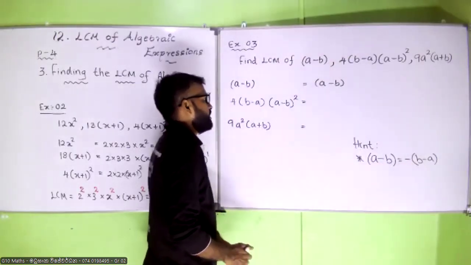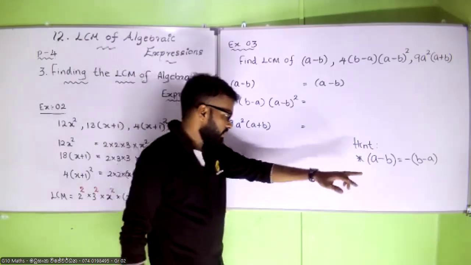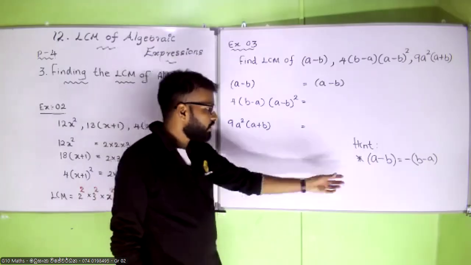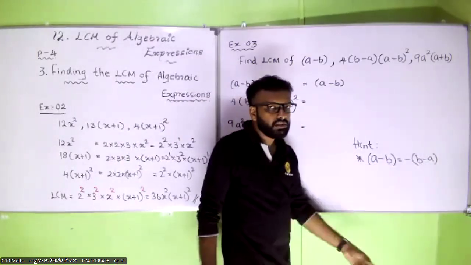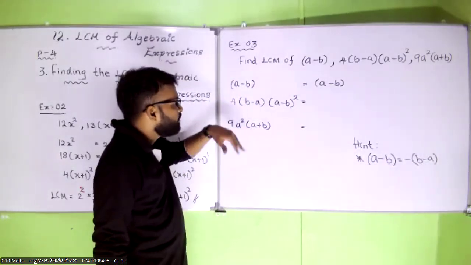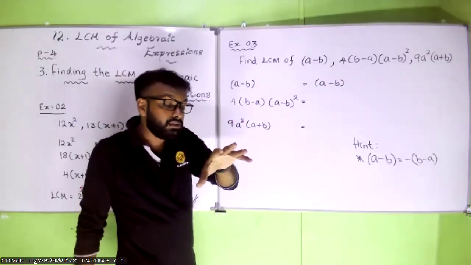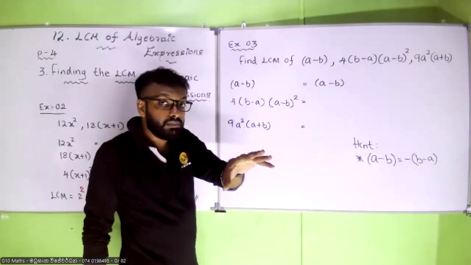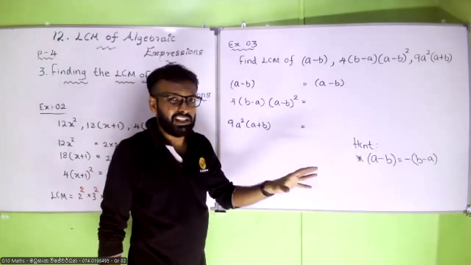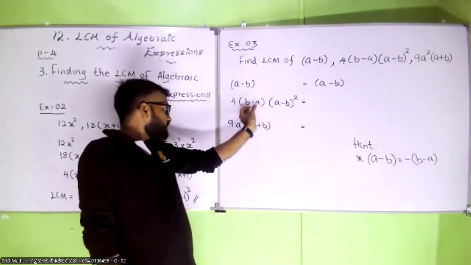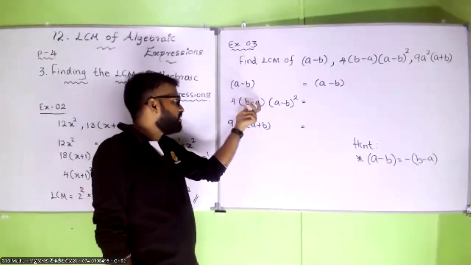By looking at this one, I am not going to convert a minus b into b minus a here, because the majority of the time I have a minus b, a minus b. Only the odd term is b minus a. So I will change the sign of this.